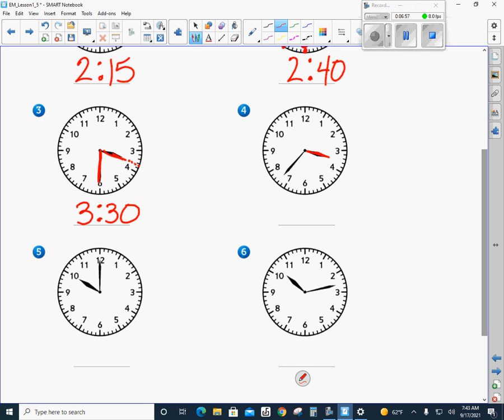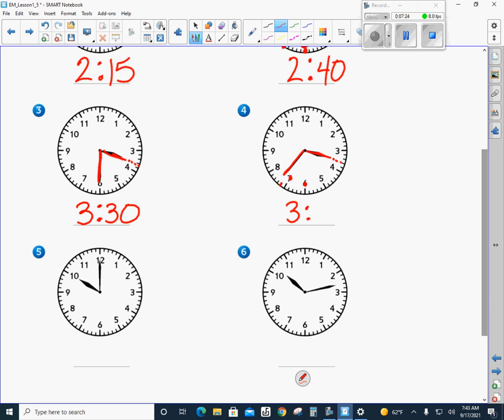Looking at clock 4, look at the little hand first. My hour is between the 3 and the 4, so I'm going to choose the 3. Now this time on this clock, did you notice that that minute hand is between numbers? That minute hand, and now remember, this is the minute hand. This is our big hand. We're big kids now. We can figure this out. So I know that if it were on the 7, that would be 35, because here's 30 and 35.